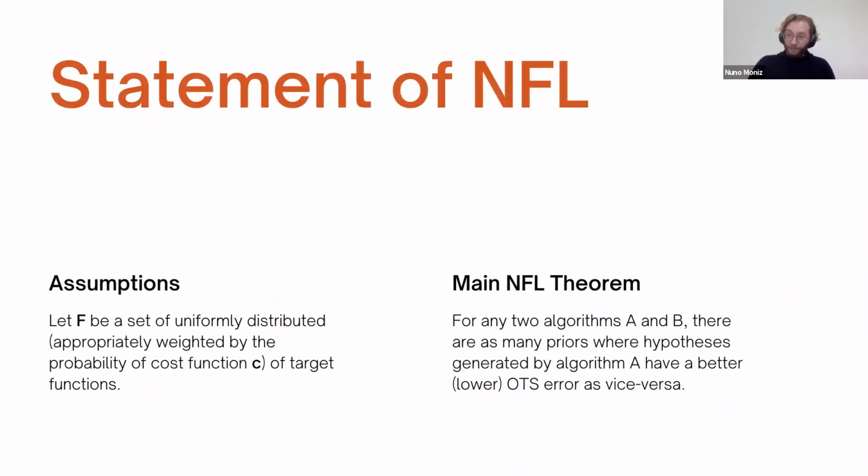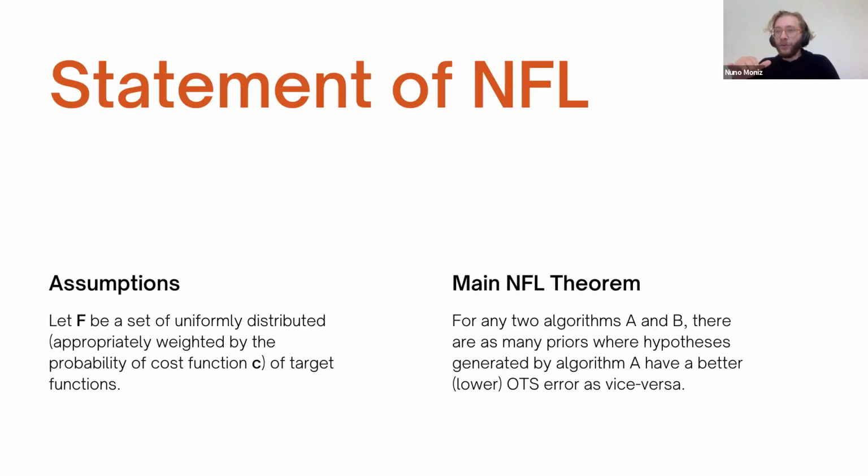The statement of no free lunch includes this big assumption, which is, let's say that we have a set F of uniformly distributed, appropriately weighted, target functions. Okay, so it's important, the part of uniformly distributed.